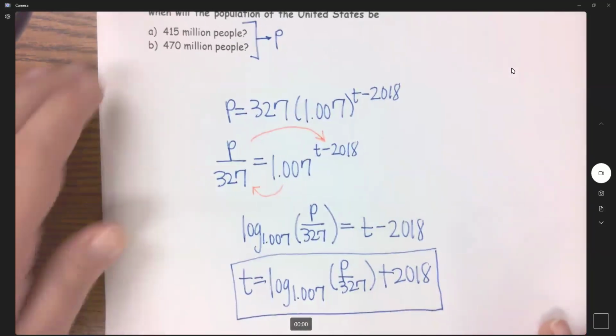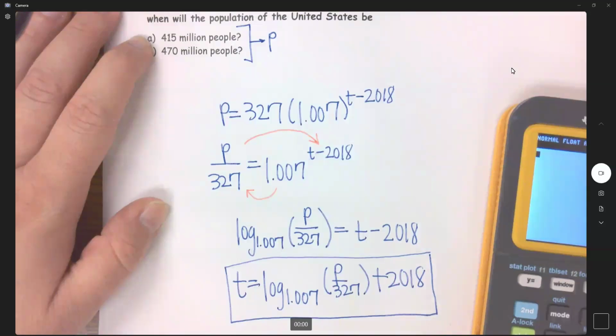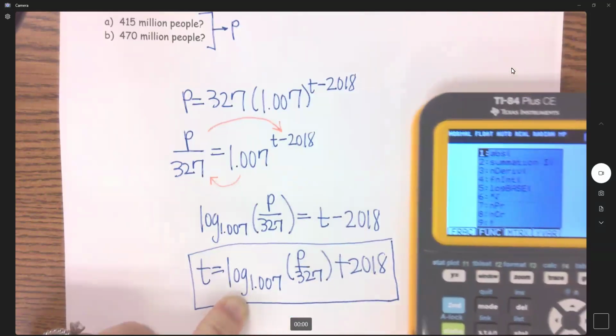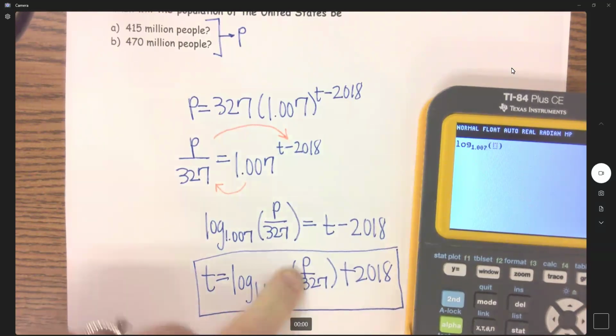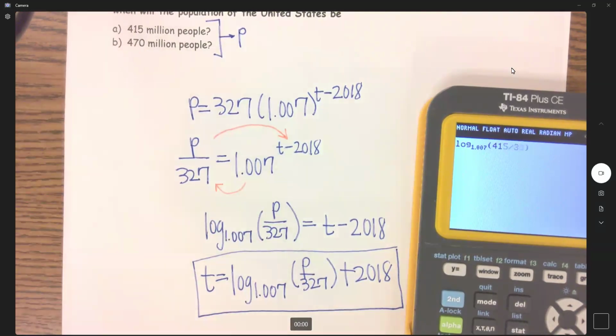So now I can substitute these in and rewrite and solve it. So out the window for number 5. We have a base of 1.007 of P. My first P is 415 divided by 327, plus 2018.